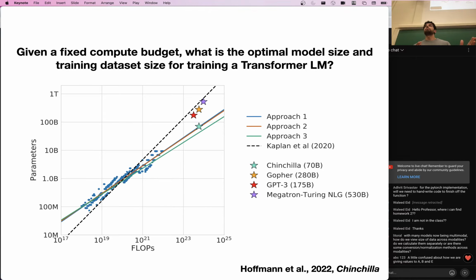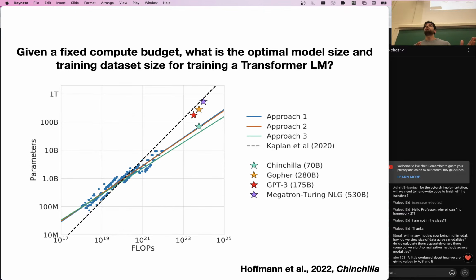Meanwhile, you see Chinchilla, which is over here on this other curve, with the same compute budget as Gopher, but is only a 70 billion parameter language model. Since Chinchilla came out, I think we've seen more efforts to be on this end, even more favoring the data scaling rather than model scaling.